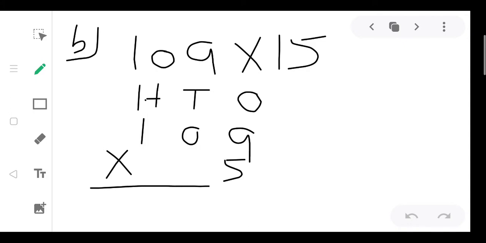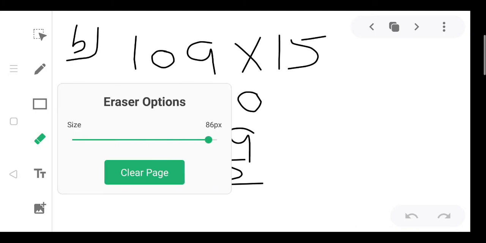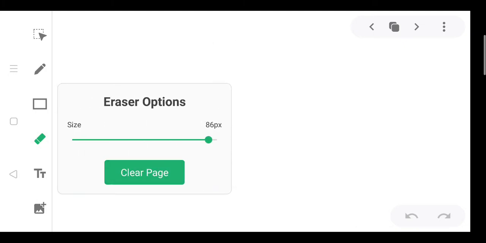Under ones place we will write 5. There is less space to calculate it, so I will use another page. 109 we have to multiply by 15.